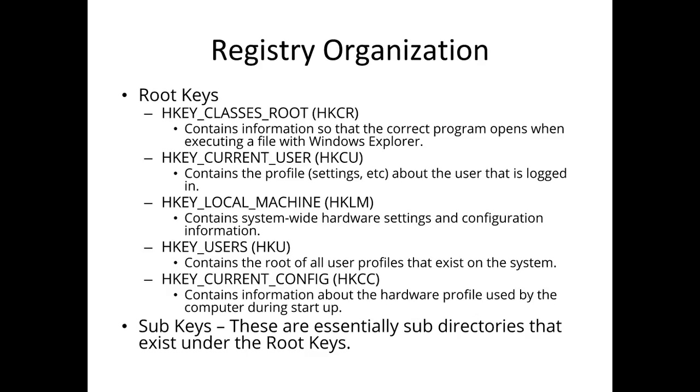Now, if you were to look on a Windows system and run an application like regedit, you will see that the registry is organized in 5 roots, and it calls these root locations keys, and there are also sub-keys that are stored underneath these roots, so imagine this being a directory structure. And our roots are HKEY_CLASSES_ROOT, current user, local machine, users, and current config.